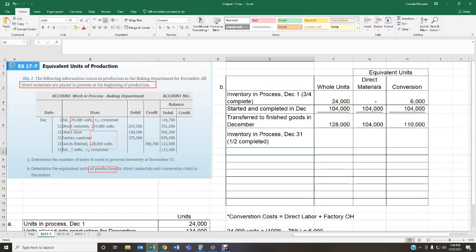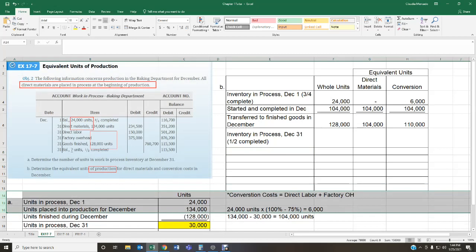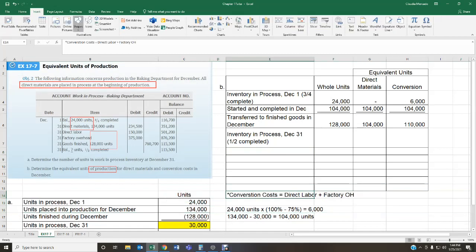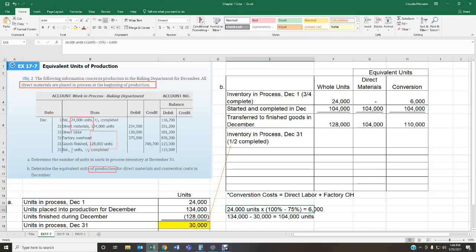They're half complete. So how many units did not complete? Well, it says here that you didn't finish 30,000 units. So the 30,000 units that you did not finish, that's your inventory in process.